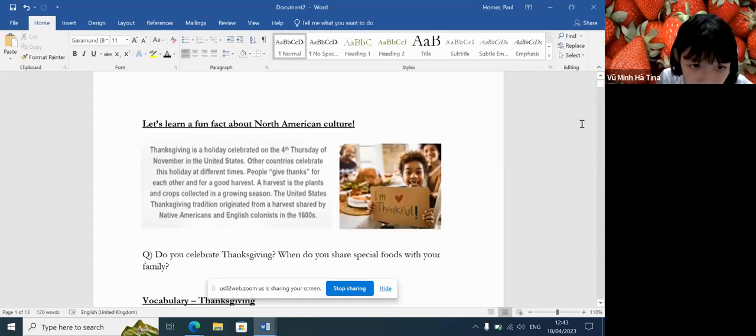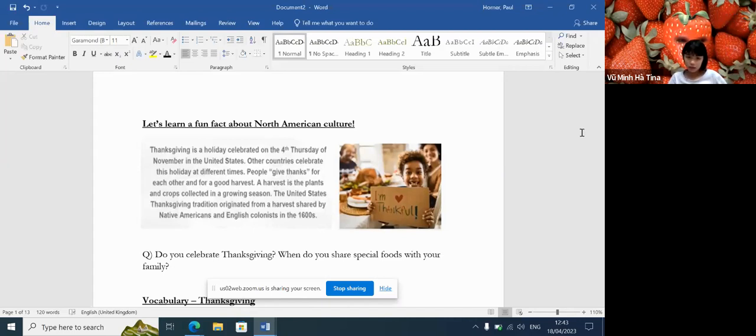Thanksgiving is a holiday celebrated on the fourth Thursday of November in the United States. Other countries celebrate this holiday at different times. People give thanks for each other and for good harvest. A harvest is the plants and crops collected in the growing season.